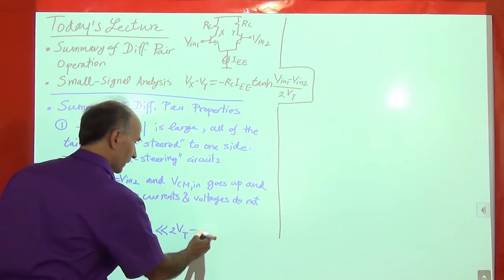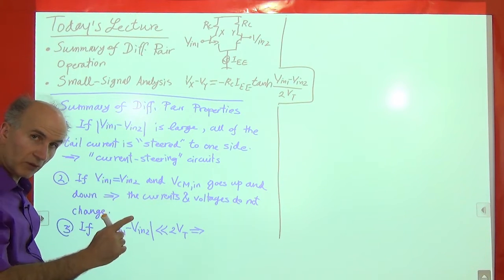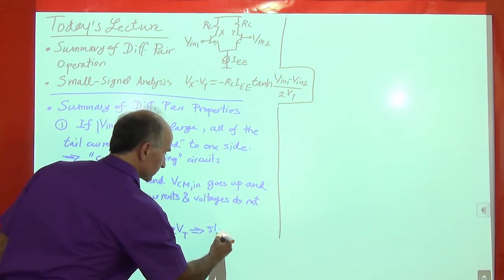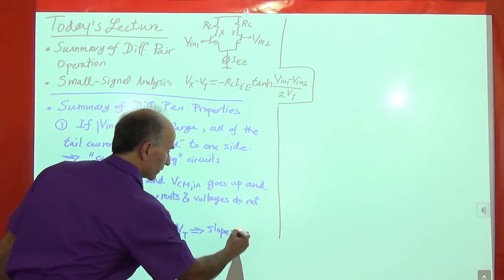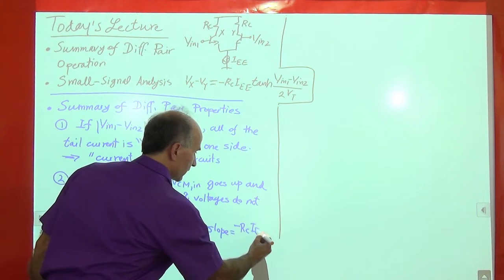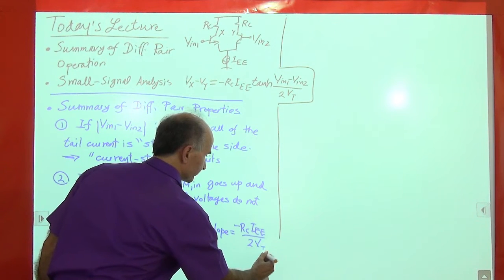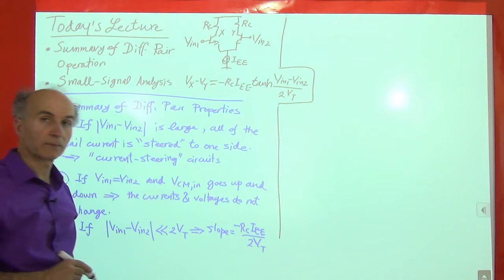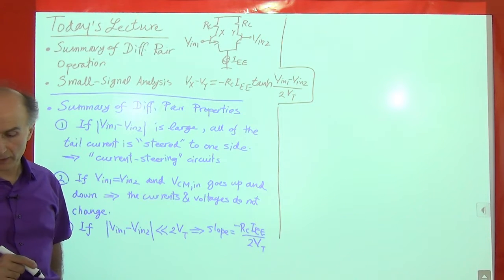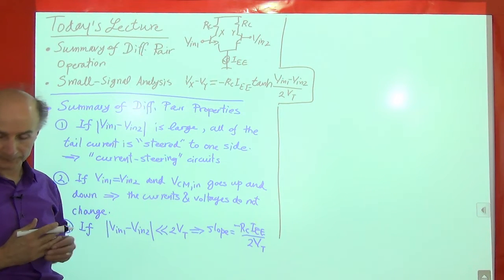Then we can approximate the characteristic by a straight line around the origin, and we saw that the slope is equal to minus RC IEE over 2VT. So these are some of the things that we have discovered so far based on some equations and some intuitive understanding.